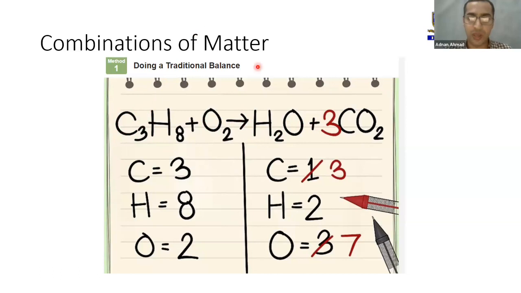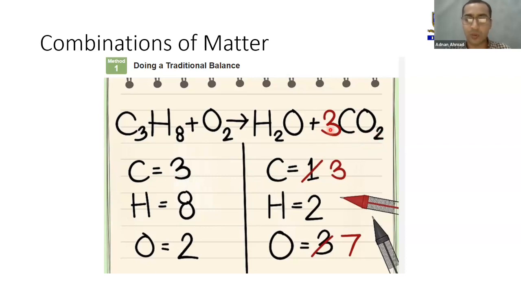Any confusion, any question? Okay, let's move forward. So now what happened? So when you changed the number of carbons from 1 to 3, the oxygens also changed.